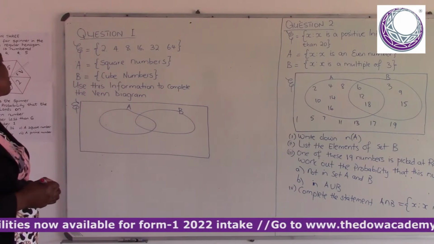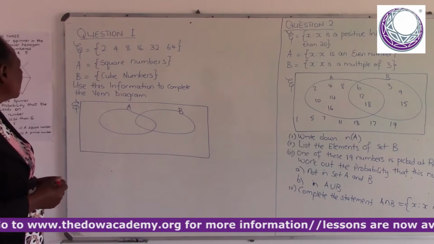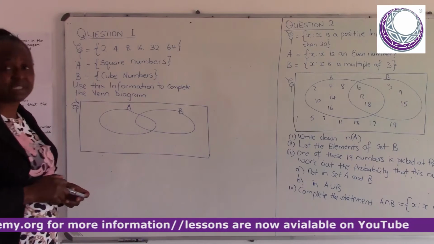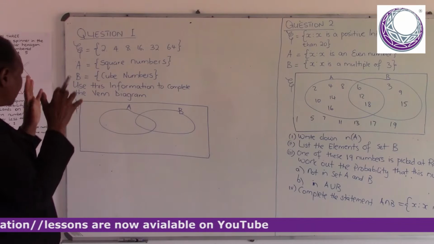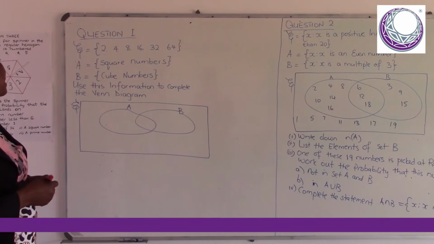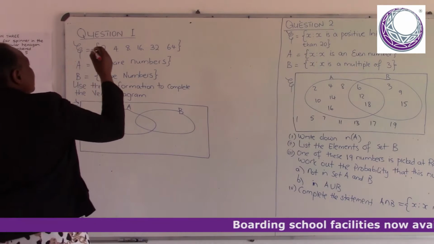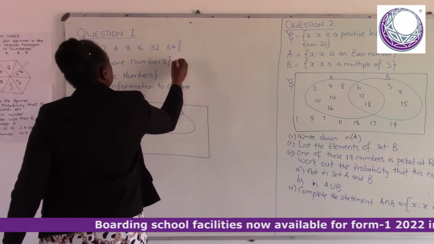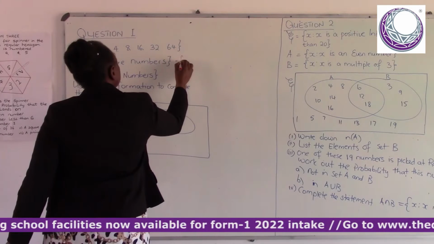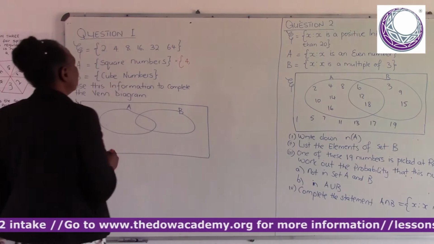And in the second one, cube numbers, I can see the second one there, the cube of 2, 8. And I can see 64. Can't see 27, it's not part of the set. So these are the elements of sets A and B. Now we want to put them in a Venn diagram.